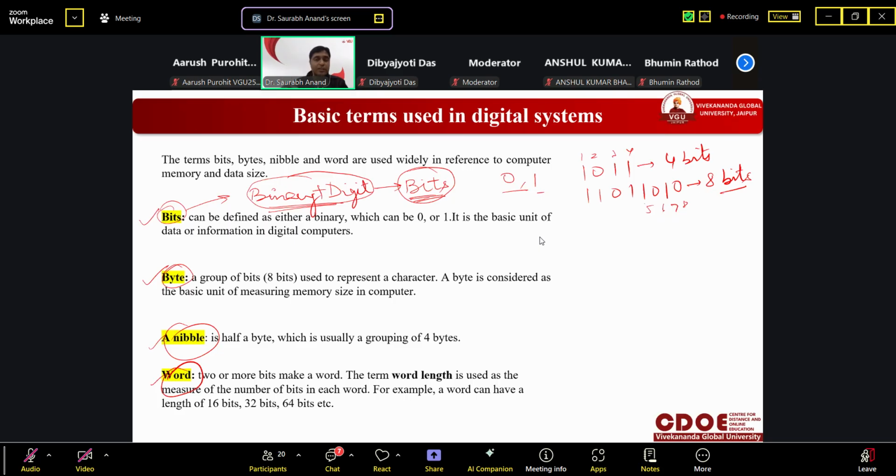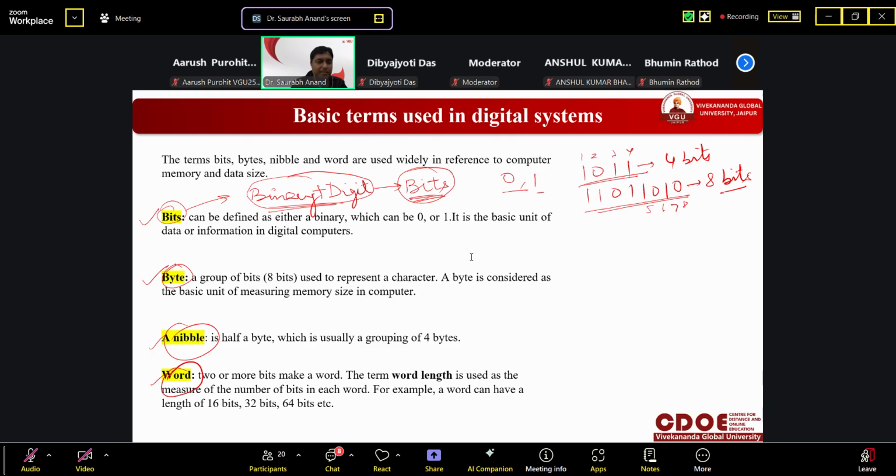Clear? So individually 0 and 1 are known as bits because it is a binary digit, either 0 or 1. This is the basic unit of data. So whenever we write this, we will say that it is 8-bit data, or 4-bit data.